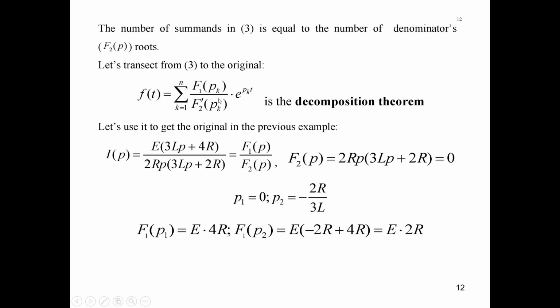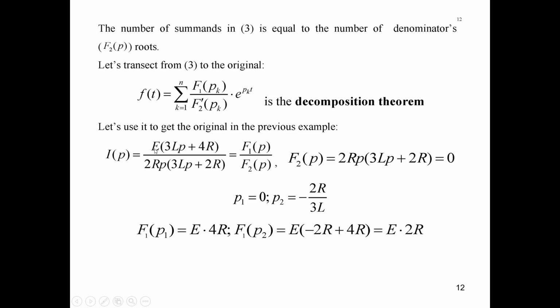Okay. Then we should determine phi1 from pk. Phi1 from p1, for the first root, can be got by substituting this root in the expression for phi1. When p equal to 0, this summand will be equal to 0, so we will have e multiplied by 4r. Okay, it's phi1 from p1. Let's determine phi1 from p2. Substitute this root into this expression.